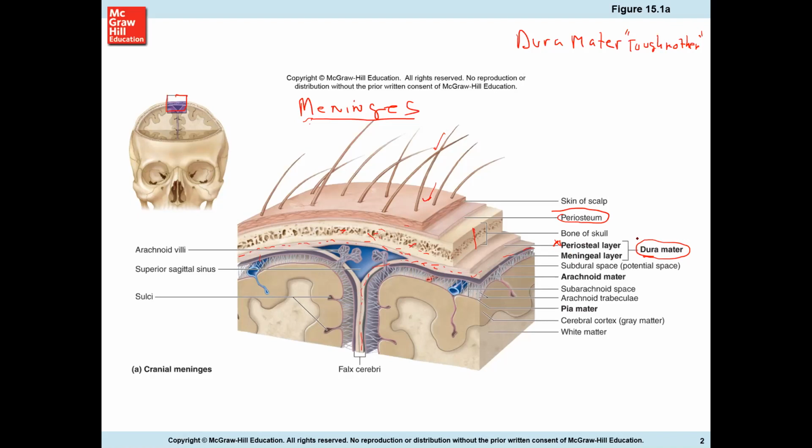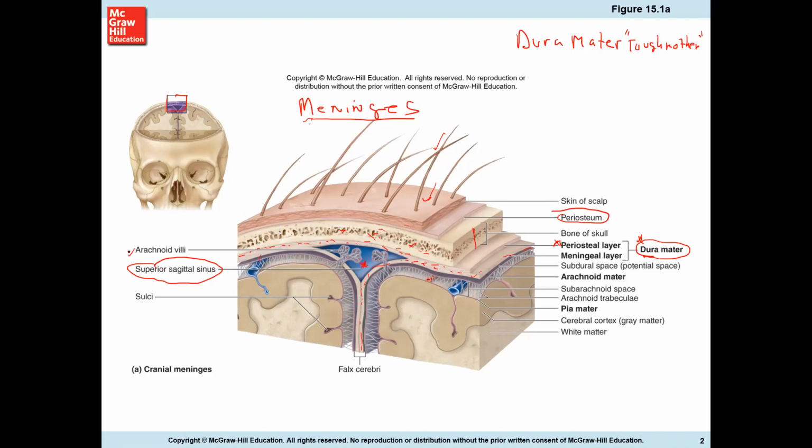So let's just deal with the dura. Right? Now, there's blood vessels above the meningeal dura, and this one is good to know. This is the superior sagittal sinus. This is blood, not cerebrospinal fluid, which we'll talk about later. Right? Because you'll see this structure, and you learn this in lecture.